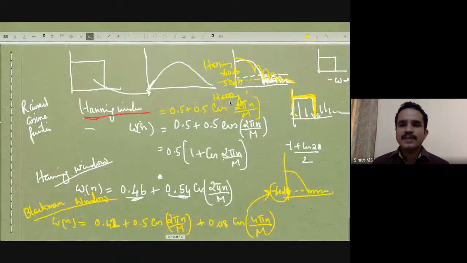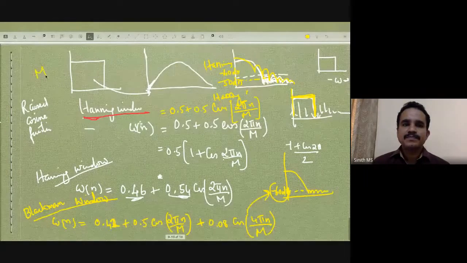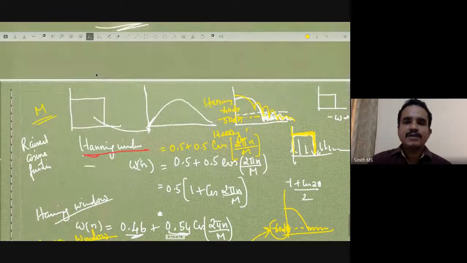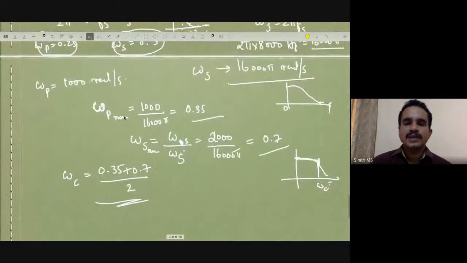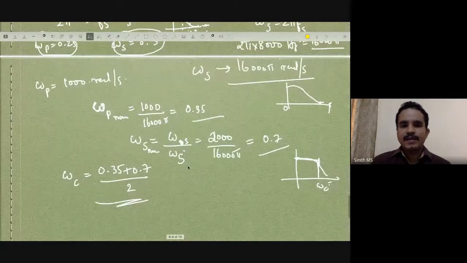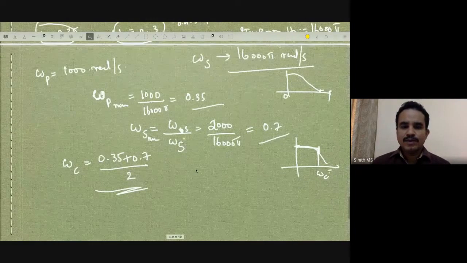Now, what is this capital M? Suppose you have selected the Hamming window.